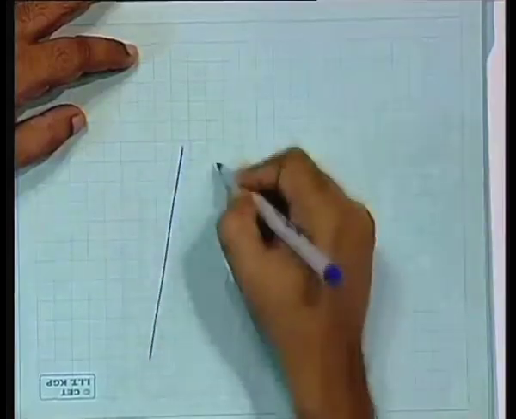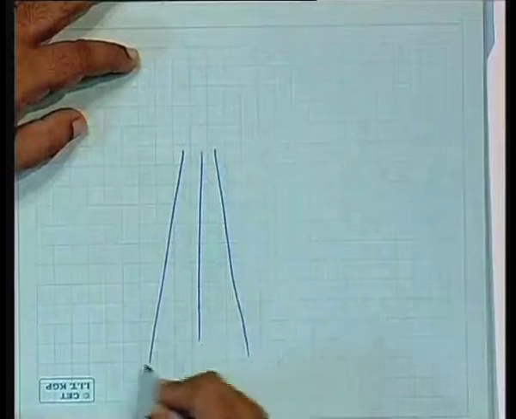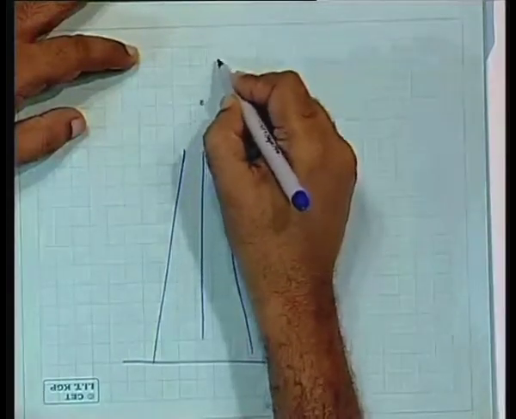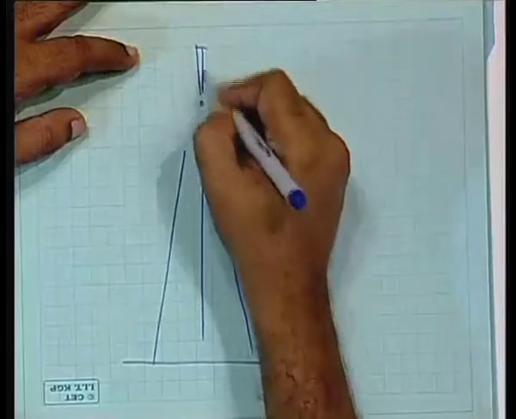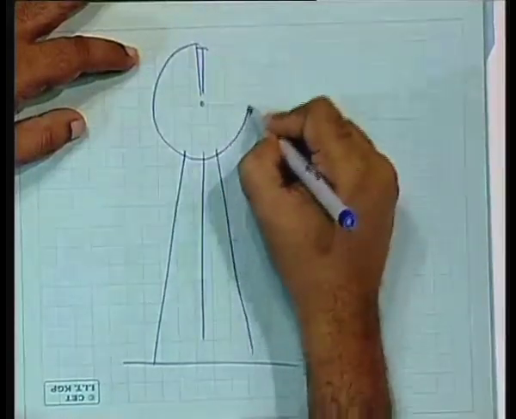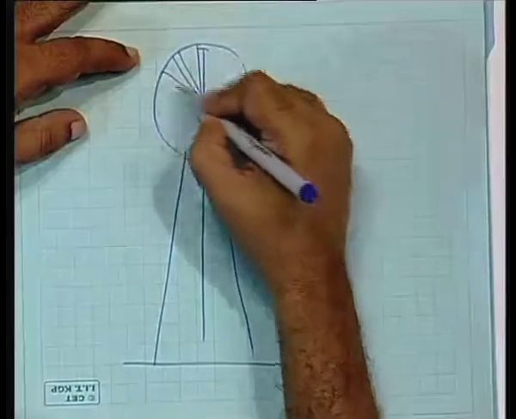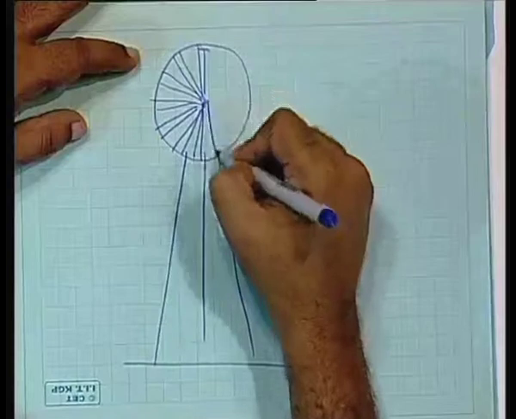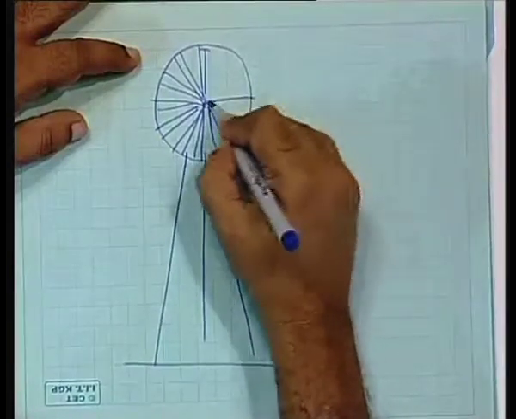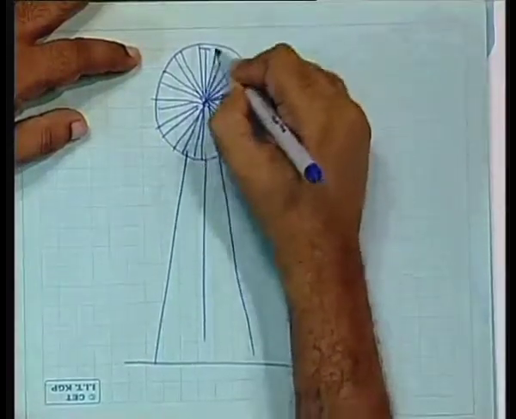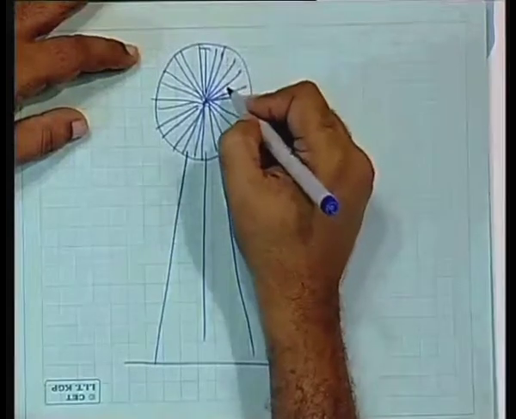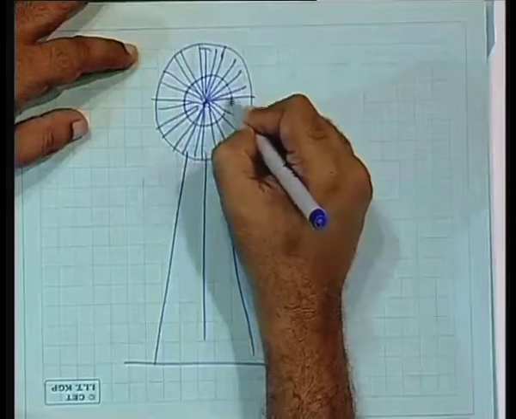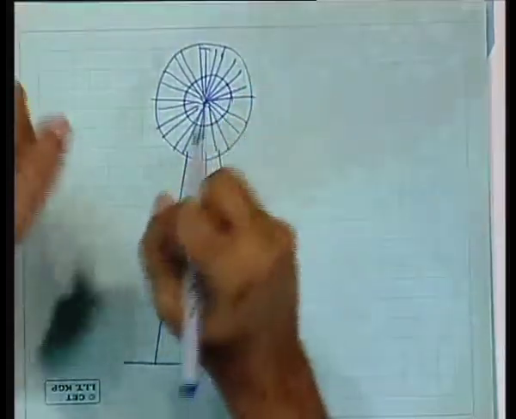There would be a tower, obviously any horizontal axis wind turbine will have to have a tower, and here there would be a large number of blades, and there will be another ring to give it the strength.